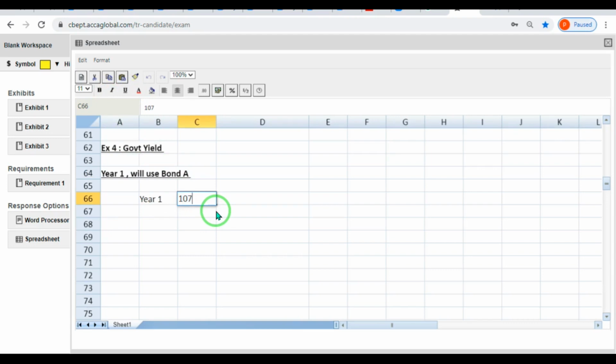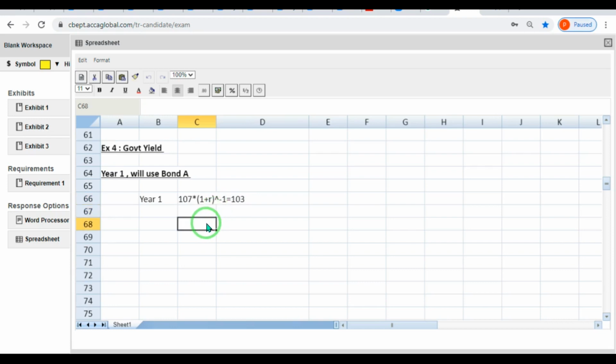107 multiplied by 1 plus r to the power of, what's the power? Power of -1 equals to 103. You okay with that?